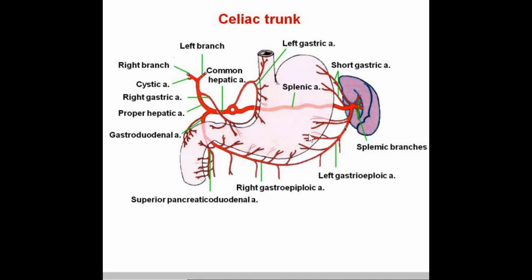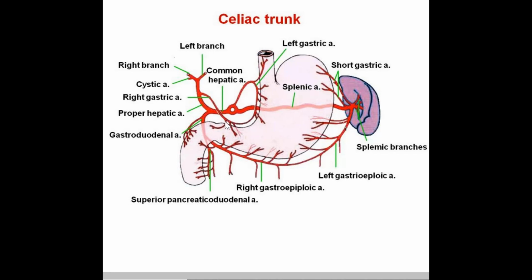Okay, again. So here on the greater curvature, we have two arteries. This is the left gastroepiploic artery. It's coming from the splenic artery here. And we have the right gastroepiploic artery coming from a branch of the common hepatic artery, which is the gastroduodenal artery.